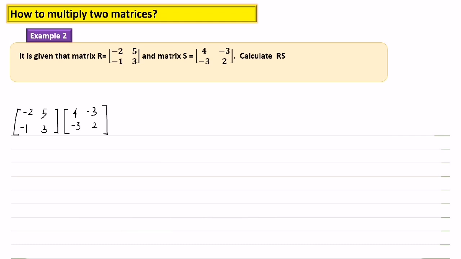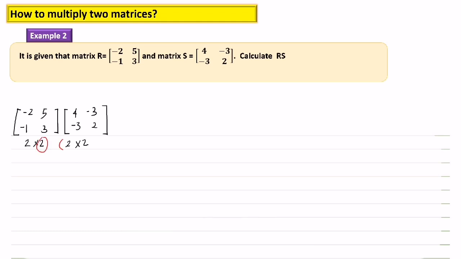Let us check whether these two matrices can multiply or not. The first matrix is 2 by 2. The second matrix is also 2 by 2.